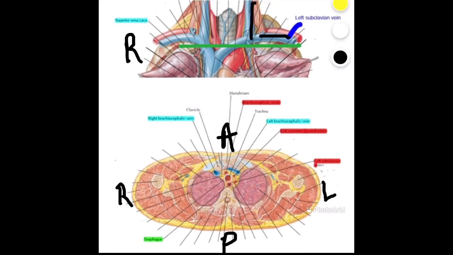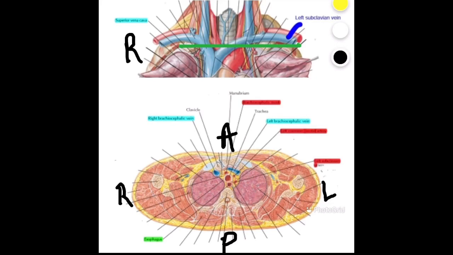They combine to form the left brachiocephalic. The right internal jugular and the right subclavian form the right brachiocephalic. Then both the brachiocephalics combine to form the superior vena cava. So this here is the left brachiocephalic, which is moving all the way from the left side to the right side. We had studied before. And this is the right brachiocephalic, and they have to join later on.